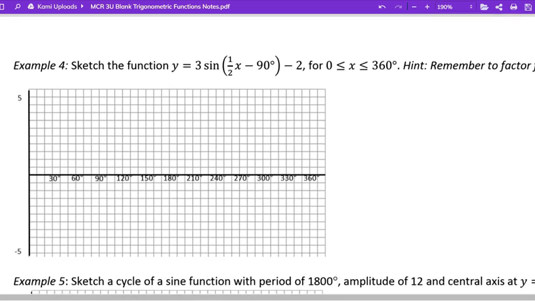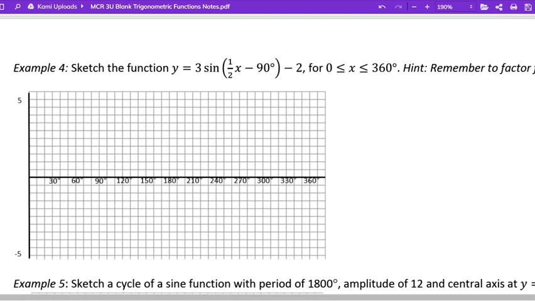We have a common factor inside the brackets. Okay, that is the trick. We will not be tricked. So we must factor out the 1 over 2.